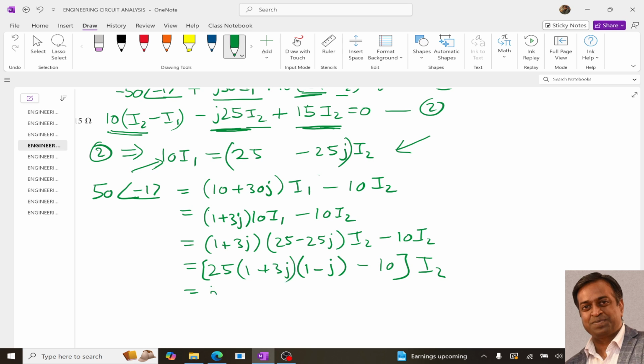So it is 25, and within the bracket we get (1 plus j3)(1 minus j), which gives 1 minus j plus j3 minus j squared 3, and then minus 10 I2.